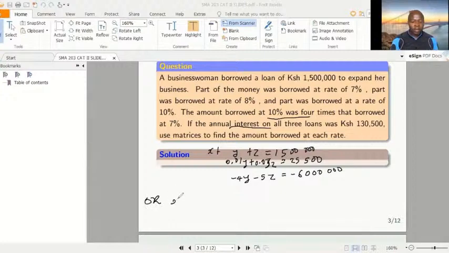So equation 1 remains where it is. Equation 2 remains where it is. Now multiply this equation 2 by 400 and subtract from equation 3. So the first bit here times 400, you get 4y.